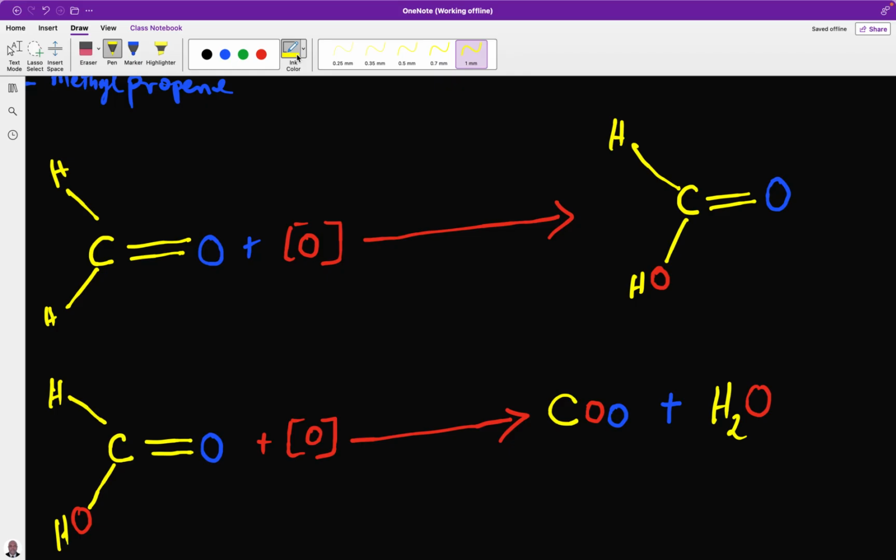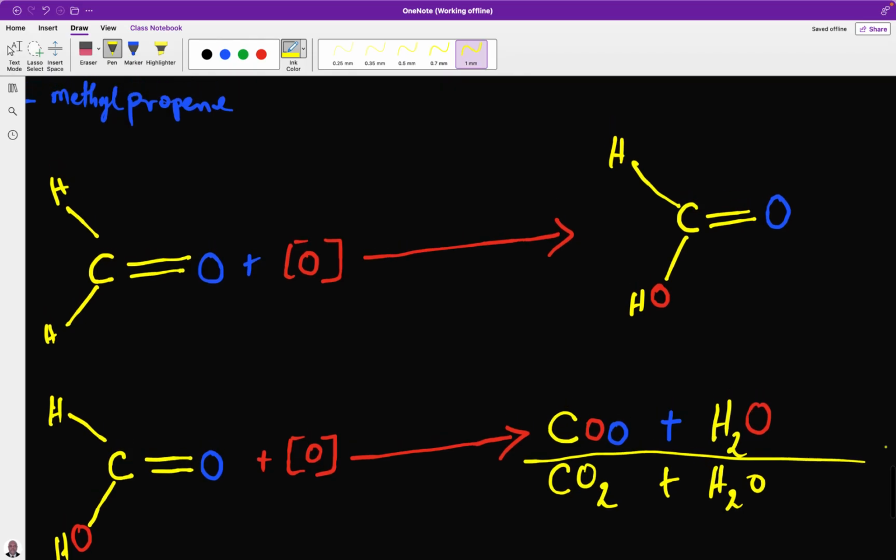Let's just put it now as carbon dioxide plus water. So that is the thing. So that is what we are seeing here. That's the carbon dioxide and water that you are seeing.